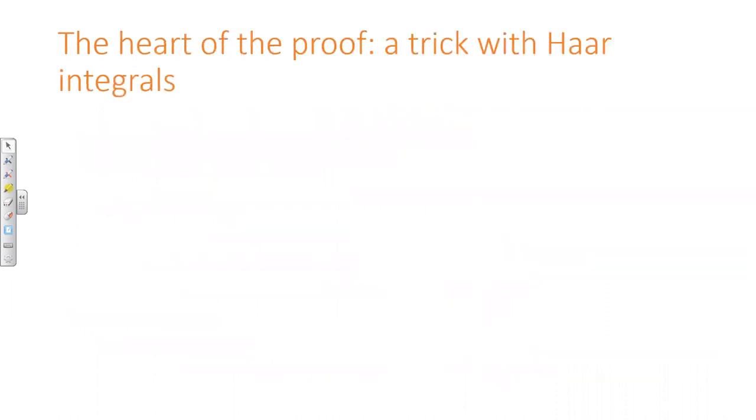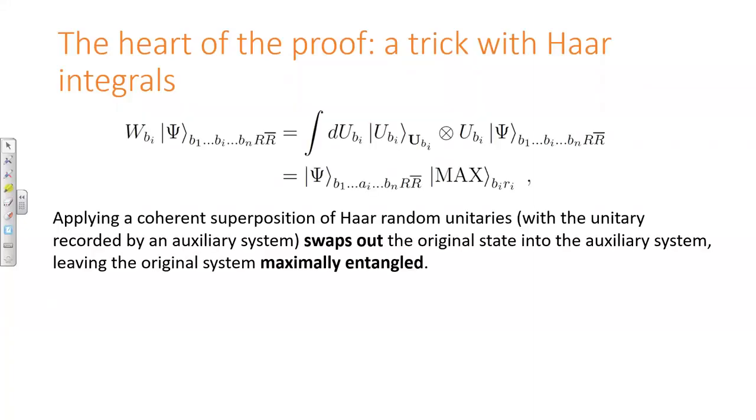To give you a hint of how the proof works, the real heart of it is a very simple trick. You take some subsystem of a state psi and apply a hard random unitary acting on that subsystem. Then you apply those unitaries in coherent superposition, storing the unitary that you applied in some auxiliary quantum system.